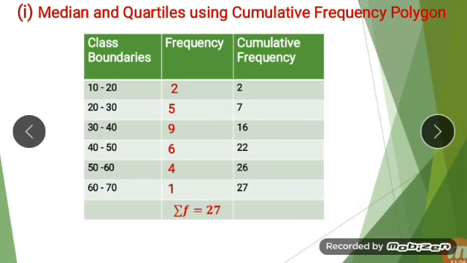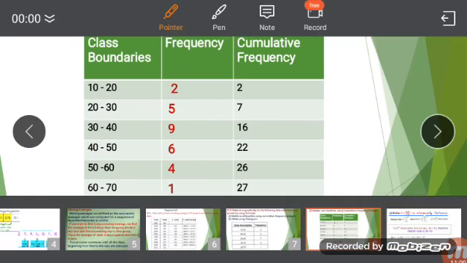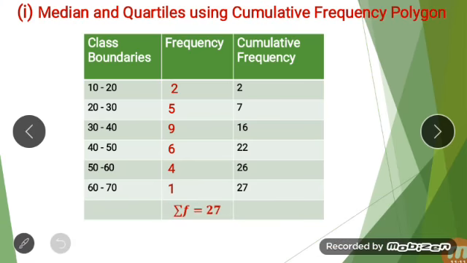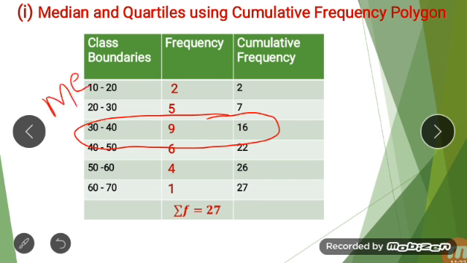So of course 13.5 lies in 30 to 40 class, because here the cumulative frequency is 16. The last limit is 16, so it means it will be in the third class, in 30 to 40. You can highlight this and you can write that this is the median class. Now when the median class is found, we can determine it graphically.